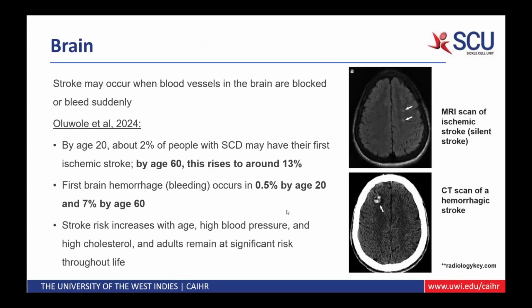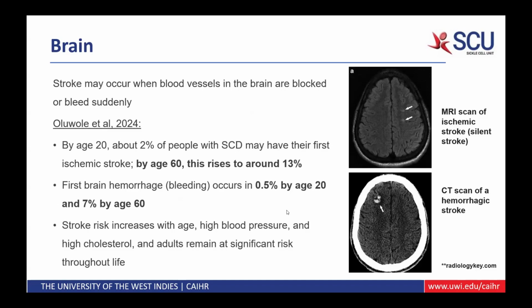I also mentioned that Dr. Mullings would have spoken about stroke the last time, and she probably spoke about it more in the context of children having a stroke. But what I just wanted to point out here is that a stroke can happen among adults as well.